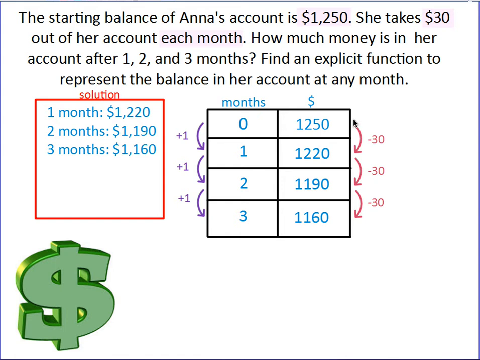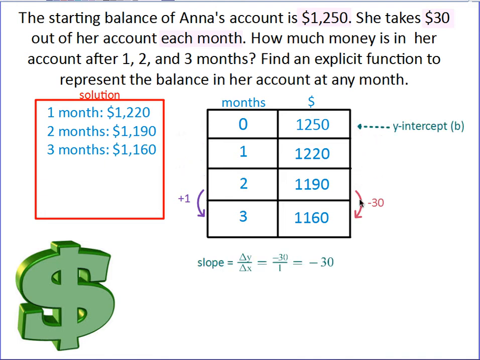But our y values are changing by -30, right? We're taking 30 out of her account every month. Well, slope is change in y over change in x. So that means I take the -30, the $30 we're subtracting, over 1, and I get a slope of -30.